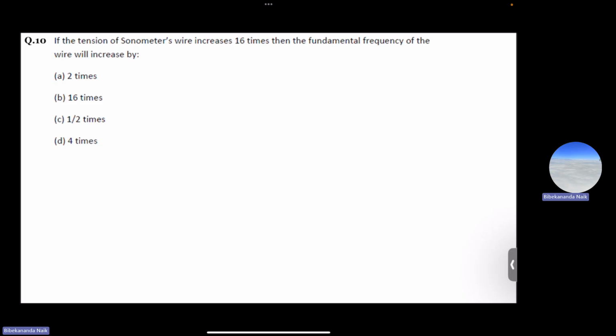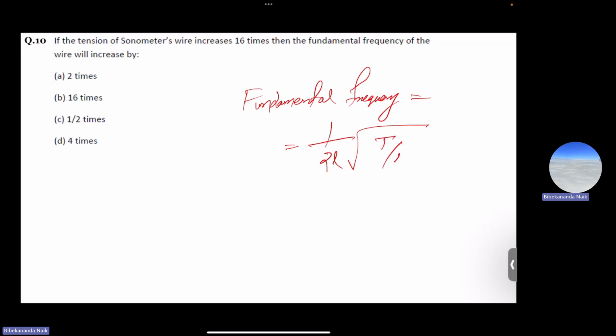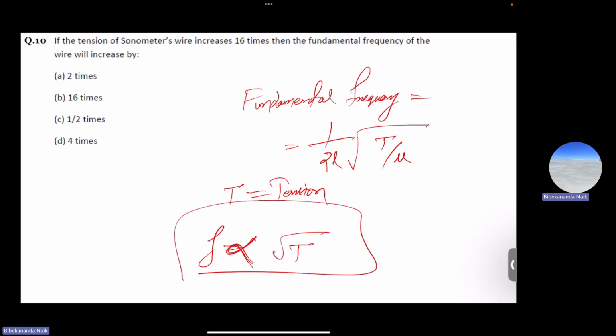So what is the fundamental frequency? The fundamental frequency is given by the formula 1 by 2L root of T by mu, where T is the tension. So the fundamental frequency is directly proportional to root of tension.